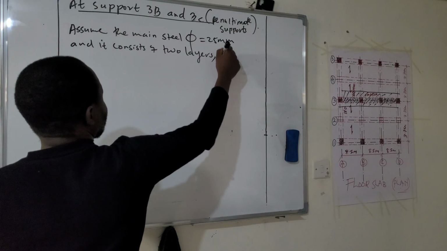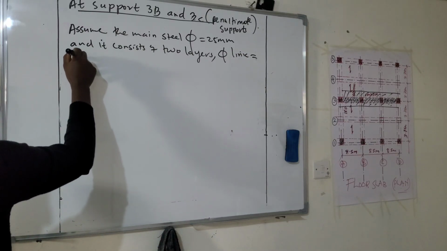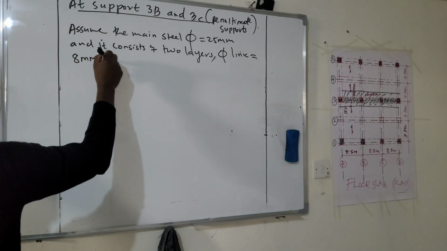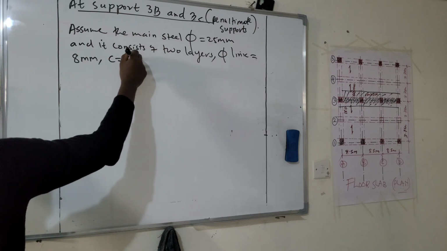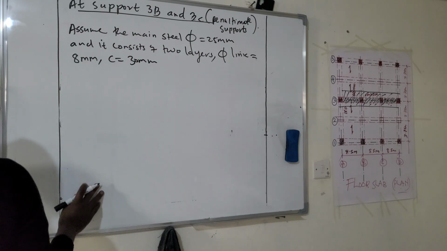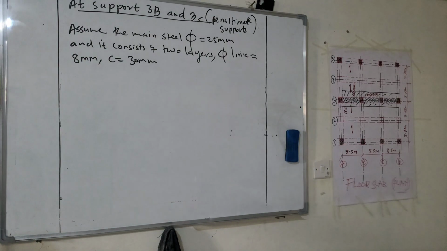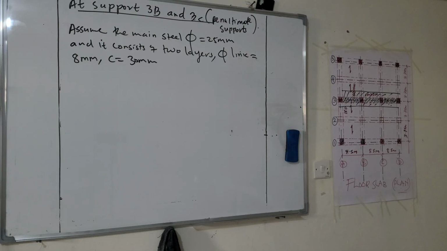Link diameter is equal to 8 millimeter. Nominal cover, you have been provided in the question, 30 millimeter. So the reason as to why we are assuming the diameters of the main bar and the link is to help us to calculate the D, which is the effective depth.